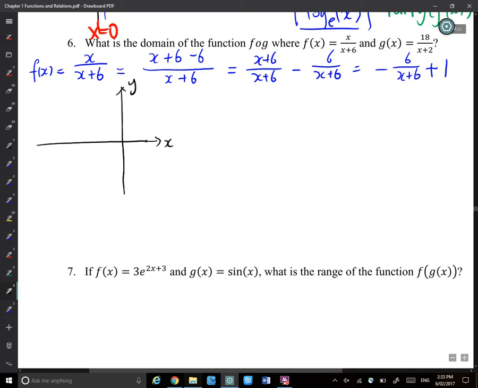Okay, x equals negative 6. And y equals 1.